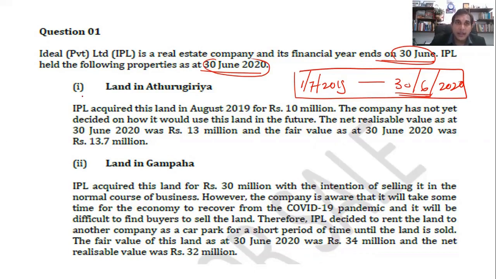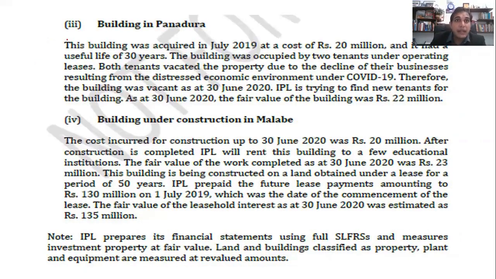Okay, first one, land in Aturugiriya, land in Gampaha, then building in Panadura, then building under construction in Malambe. Note, we'll read this one. IPL prepares its financial statements using full SLFRSs and measures investment property at fair value.